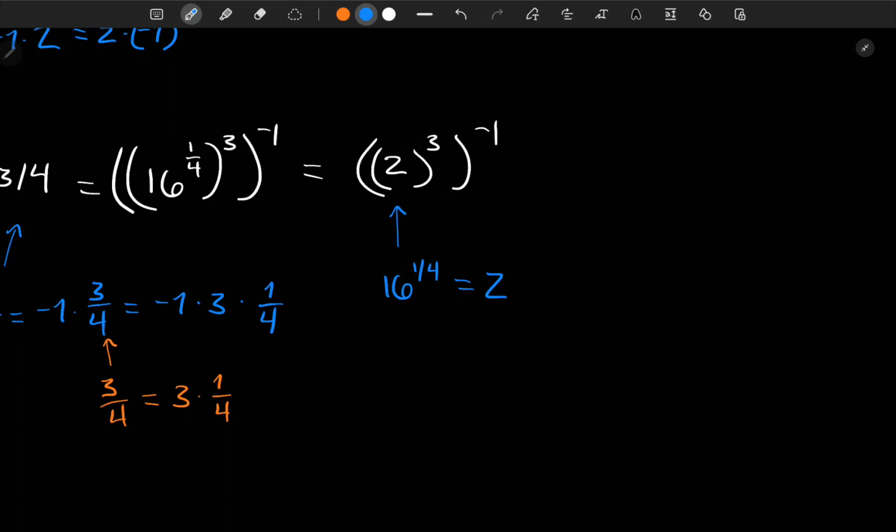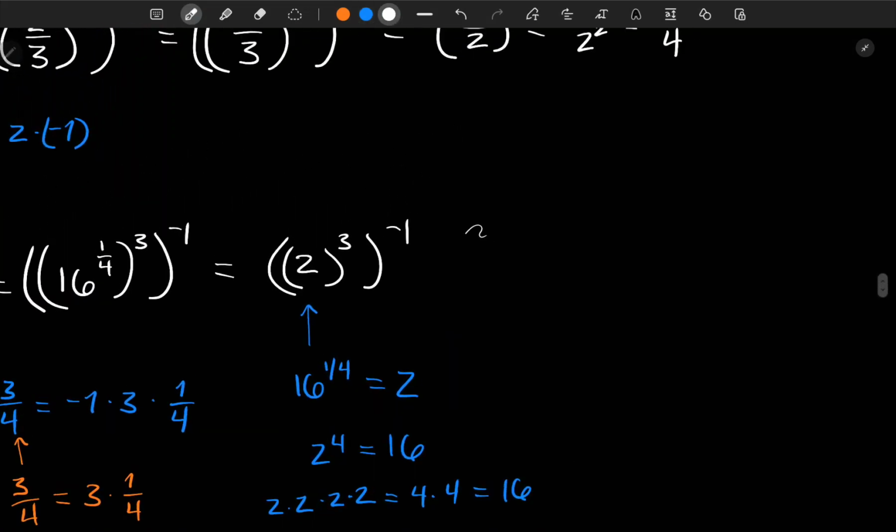So that means 2 to the 4th power is equal to 16. Which is true because if you expand the left-hand side, that's 2 times 2 times 2 times 2, which is equal to 4 times 4, which is equal to 16.